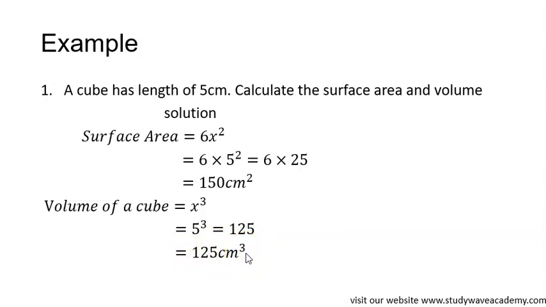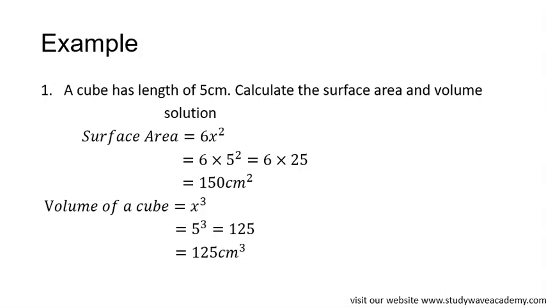Remember the cube units. This is what it means. So I've gotten the surface area of the cube and the volume of the cube, right? The surface area is 150 centimeters square and the volume is 125 centimeter cube. Do you understand? It's easy, right? It's just for you to know the formula, then it's easy to solve.